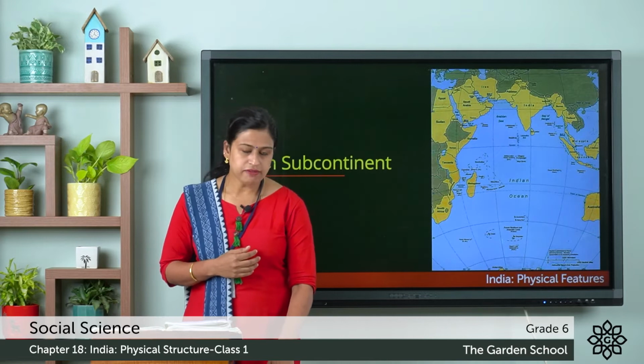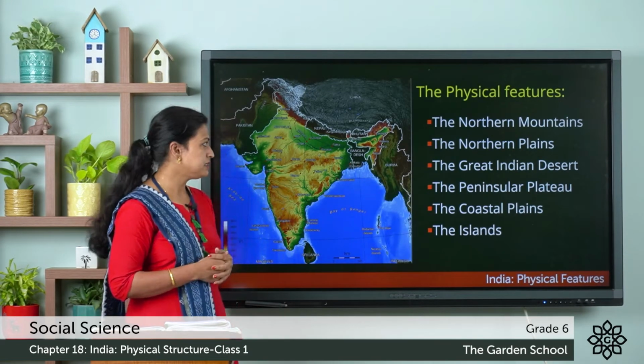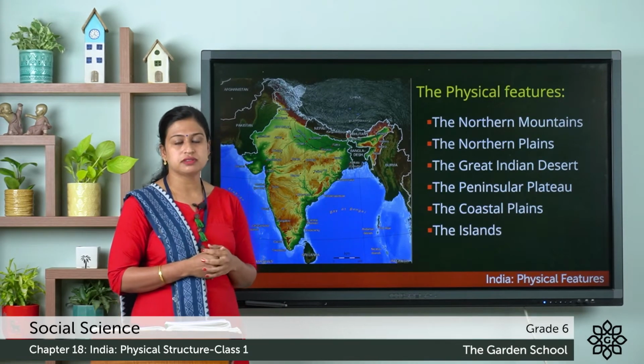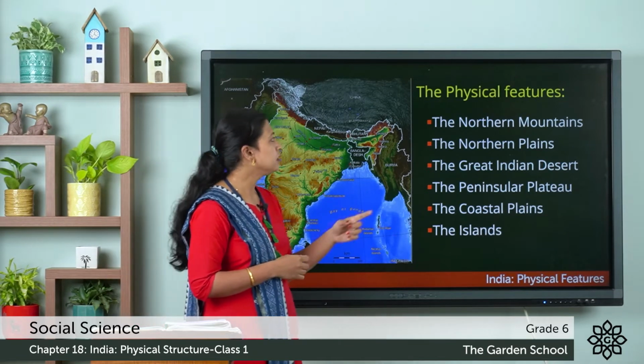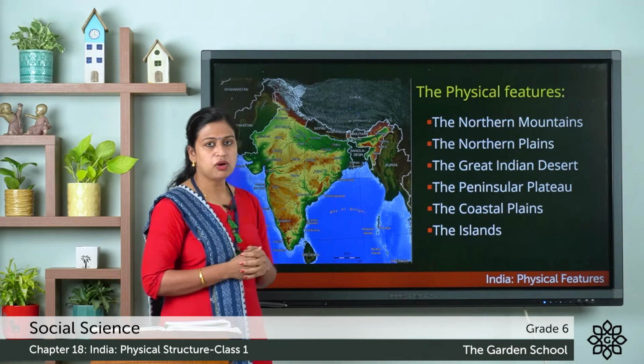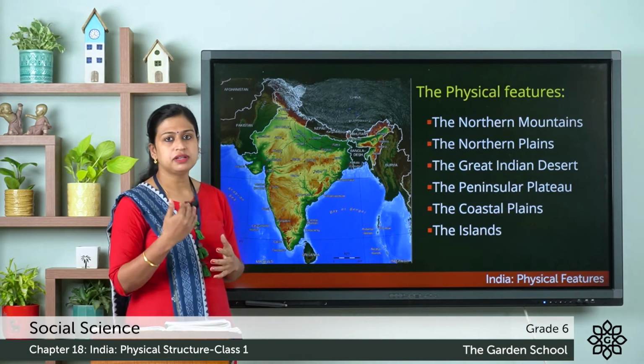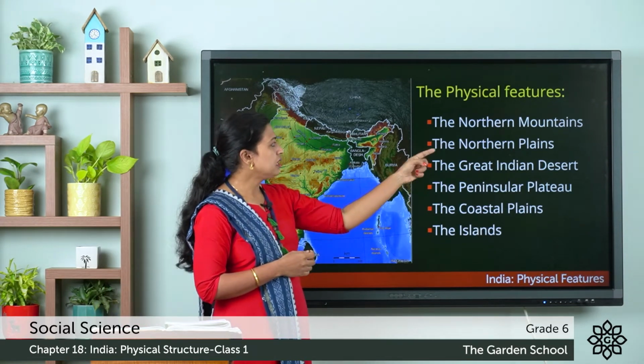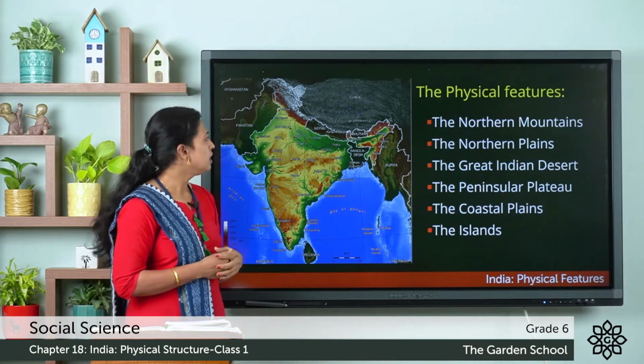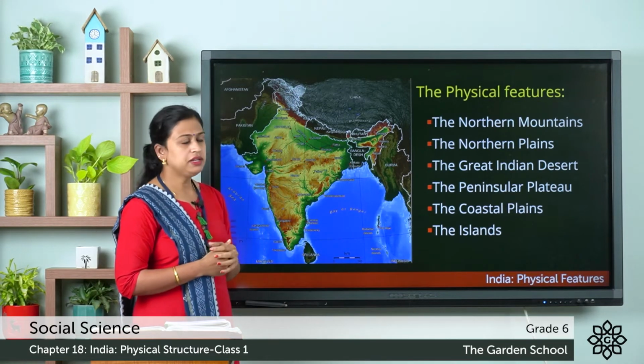Now, as we have already discussed in the previous chapters, the 6 physical features of our country are: the first one, the northern mountains, which are located in the north and mentioned in dark brown color. The second one is the northern plains, mentioned in green color.